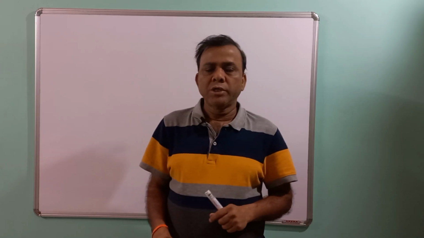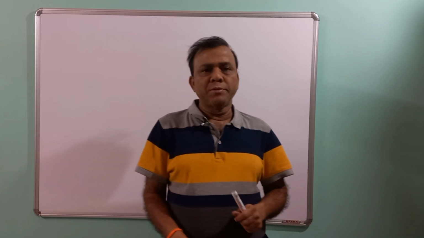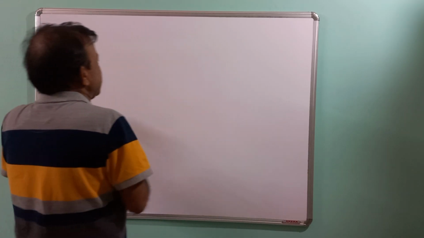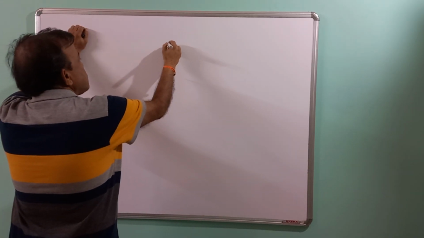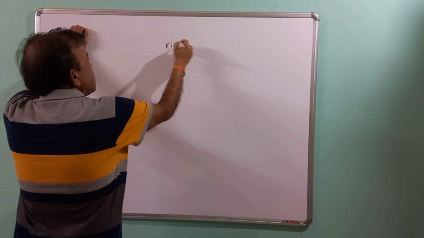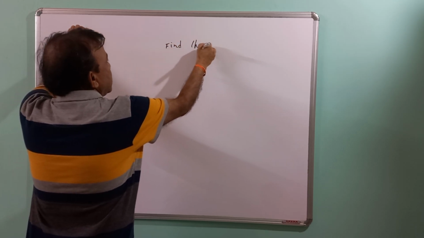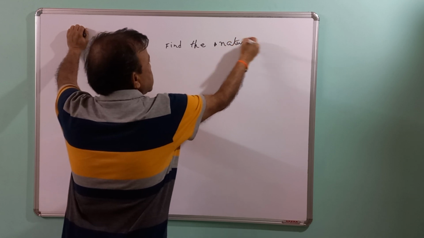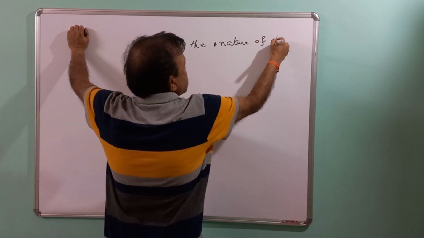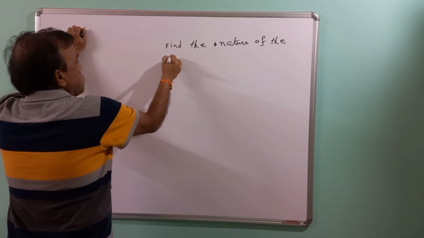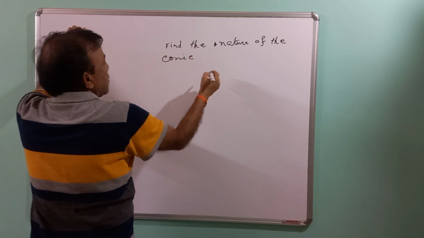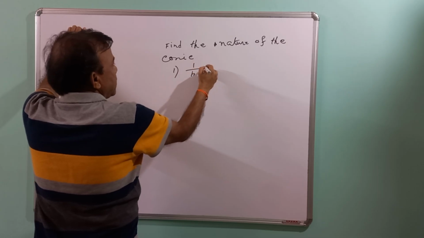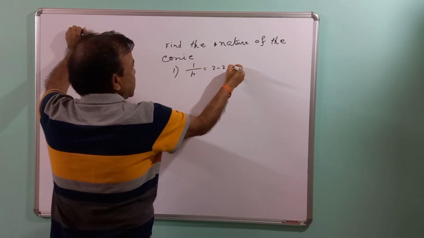Now we are going to discuss a coordinate related chapter, polar coordinate. The problem is: find the nature of the conic. One, 1 by r equals 2 minus 2 cos theta.